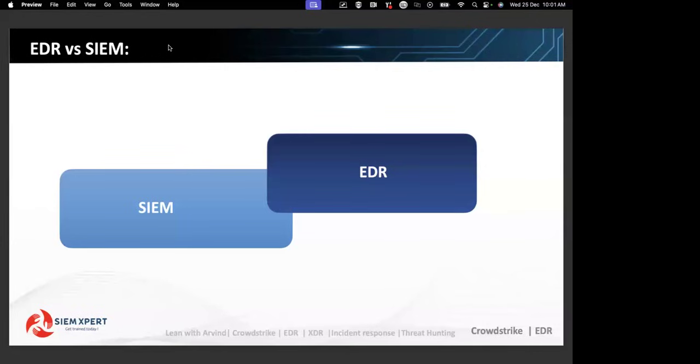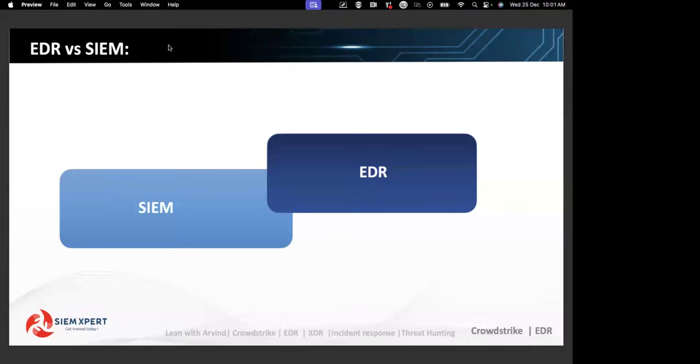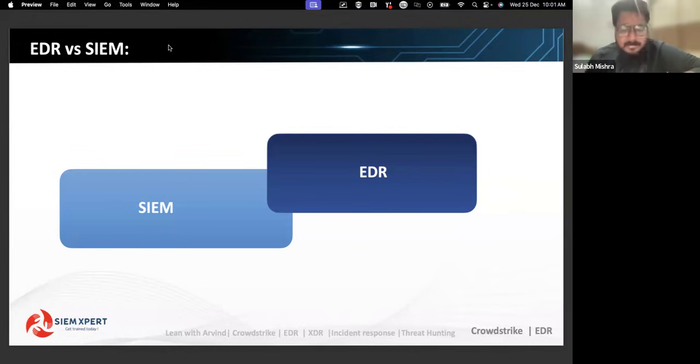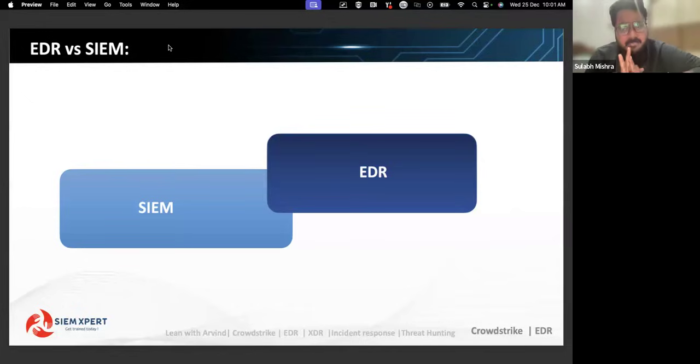Arvind, I have a query. Yeah, go on. Post completion of this training, whether we are eligible to write any CrowdStrike related certificates? Absolutely yes. But again, you have to focus extra on it. From the Falcon, it has 3 certifications: CCFR, CCFH, and then CCFA.